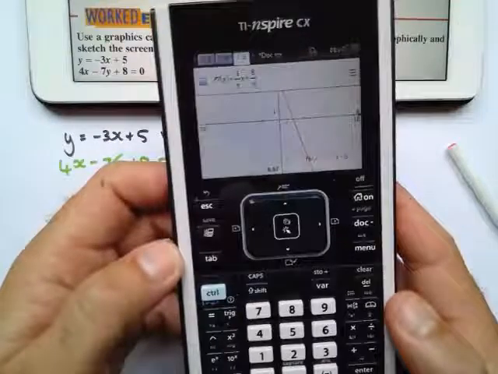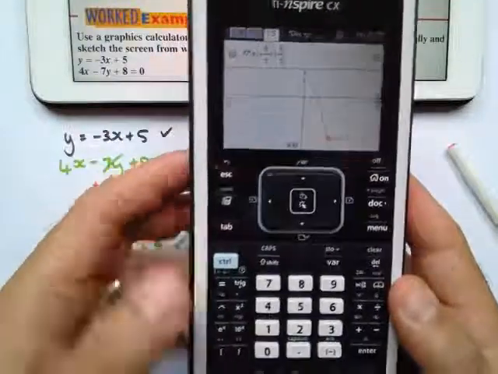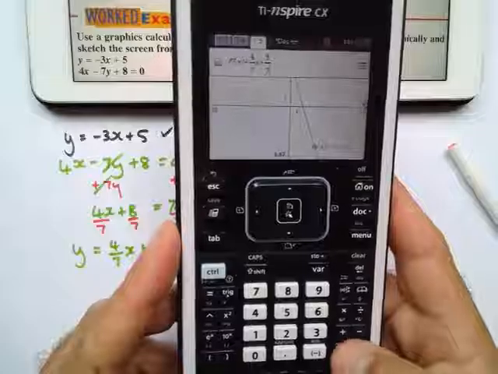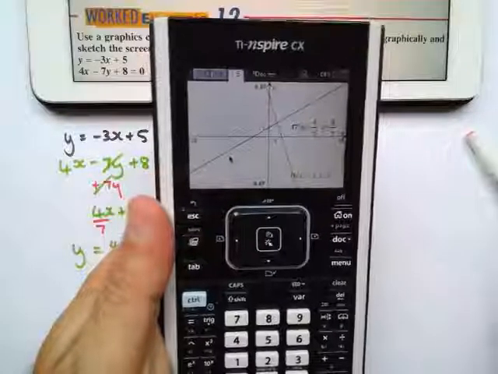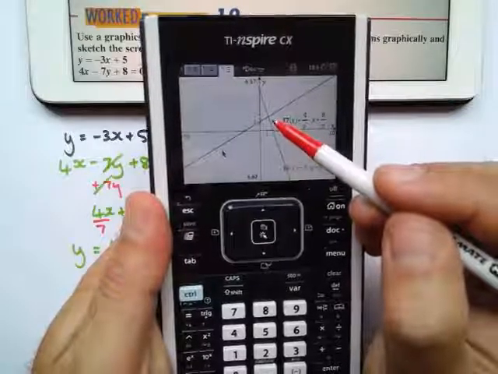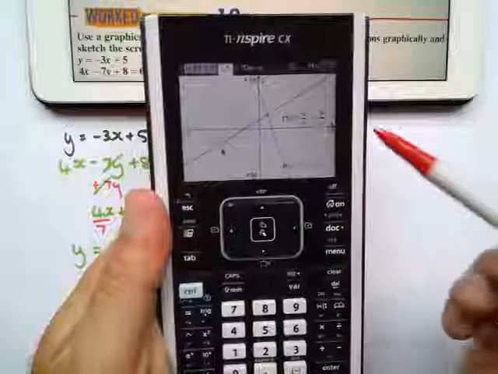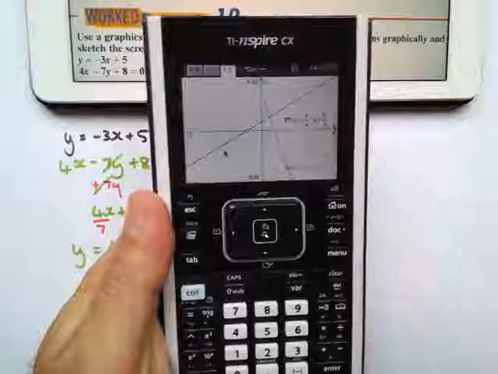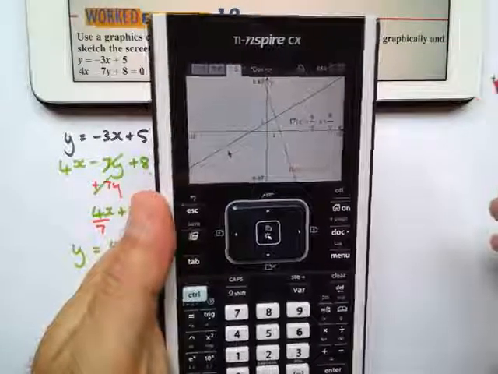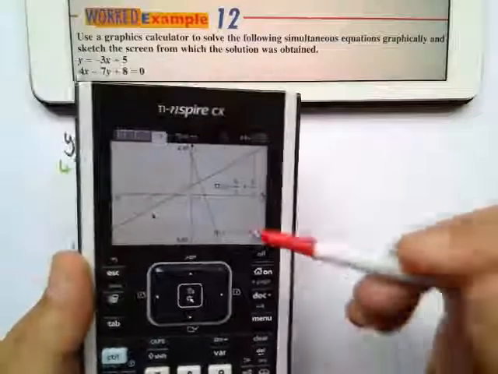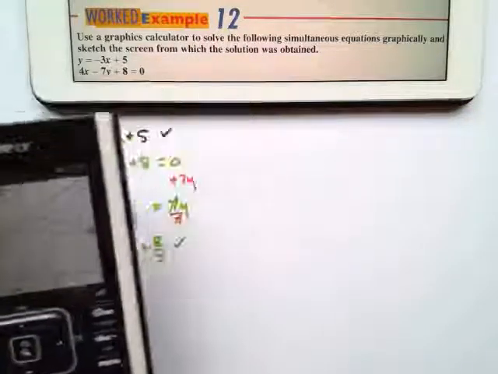You see now that equation looks exactly the same. If I press enter, I get a second equation that looks like that. So clearly we can see that they are intersecting there. Sometimes you'll need to change the window that you're looking through at this stage so that you can have a clear view.